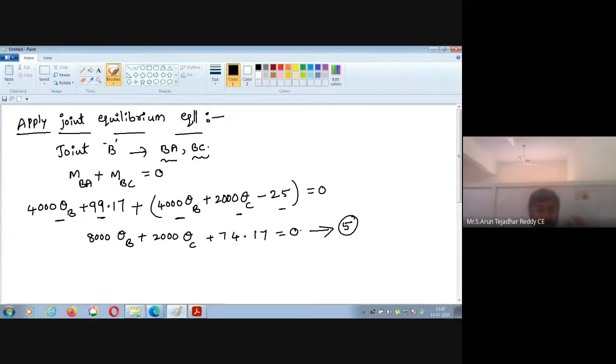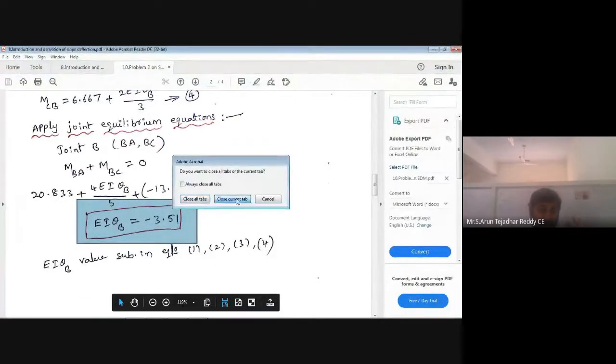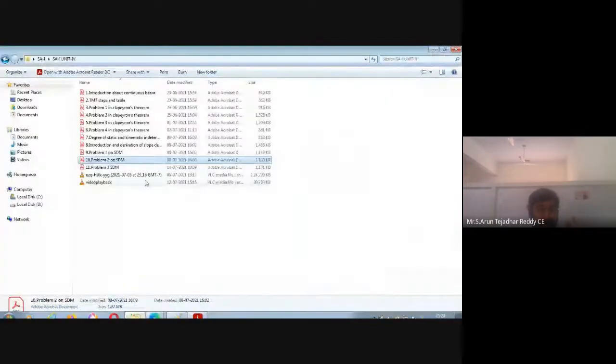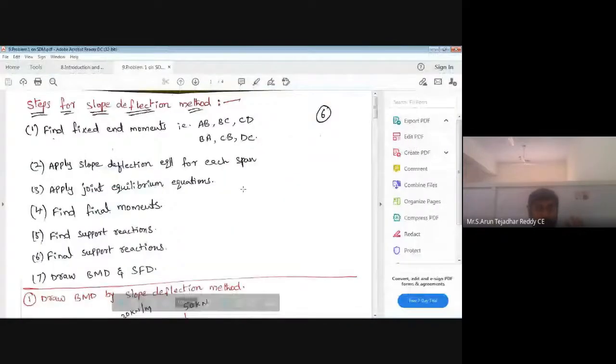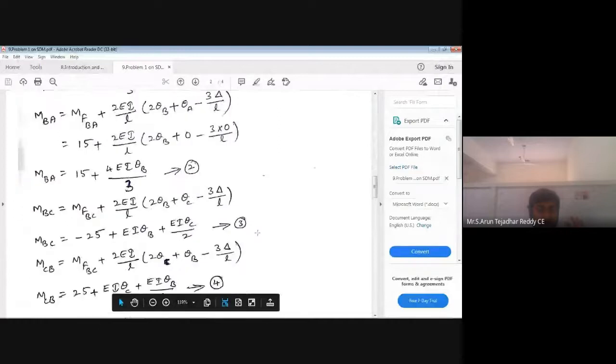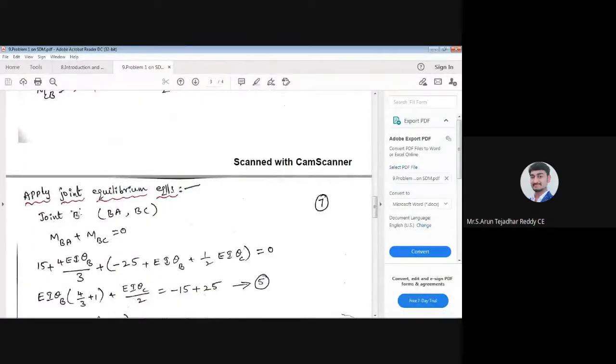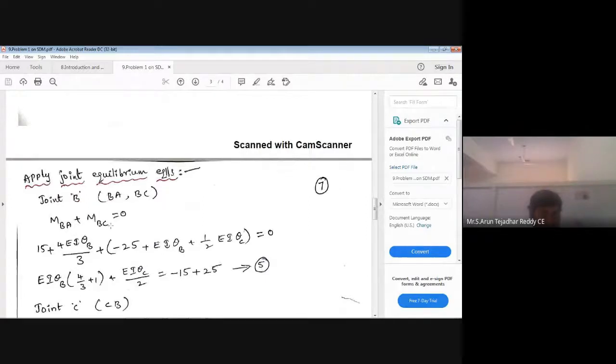Now I will show you the first diagram, the first problem. In problem number 1, after completion of 4 equations, first is joint B, MBA plus MBC completed.